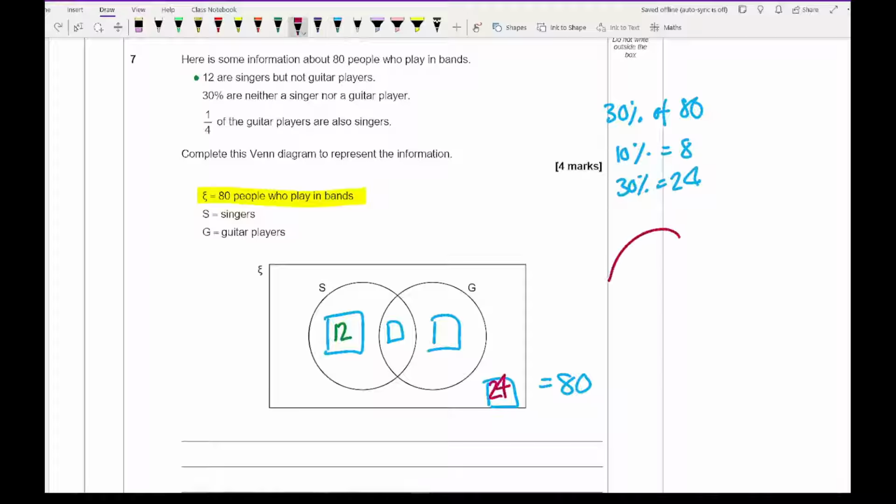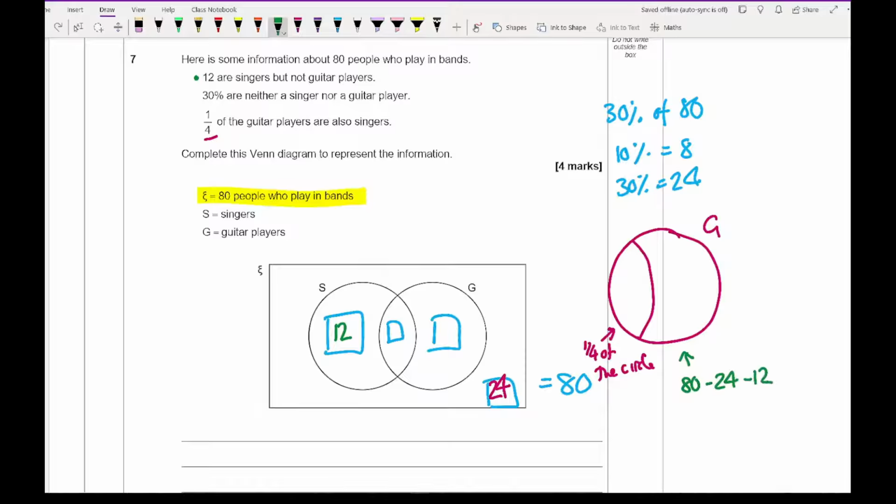Now looking at this whole circle of G, this bit here represents a quarter. To find out first what the total of that circle is going to add up to, I just need to do 80 minus 24 minus 12, so that's 80 minus 36, which gives me 44.